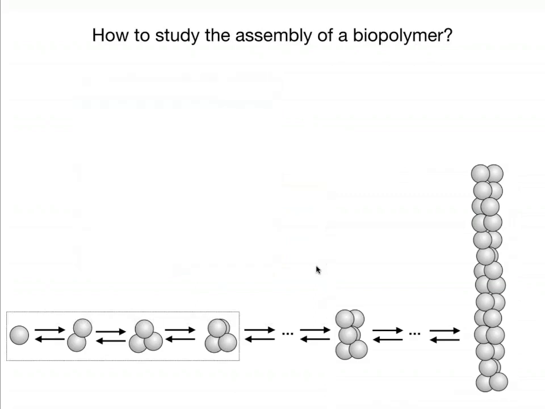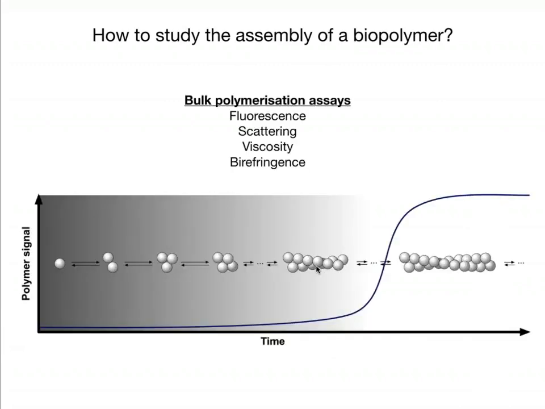If it comes to the nucleation phase, and if you want to study that, it becomes a lot more tricky, because the techniques that I've shown you before don't really have the sensitivity to detect these tiny species that are present at the very beginning of this reaction. What people have done so far to investigate this process is looking at the bulk signal of a polymerizing actin solution, where you follow the overall signal of how many filaments there are in the actin solution.